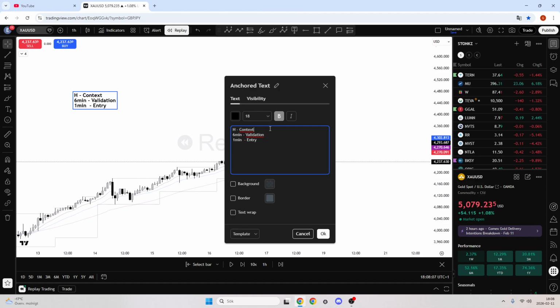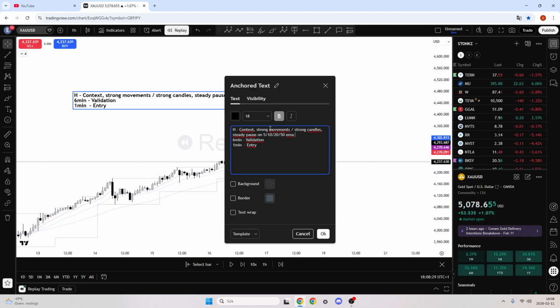What I usually want to see on the hourly is strong movements, so strong candles, and a steady pause on either the 5, 10, 20 or even 50 MA.